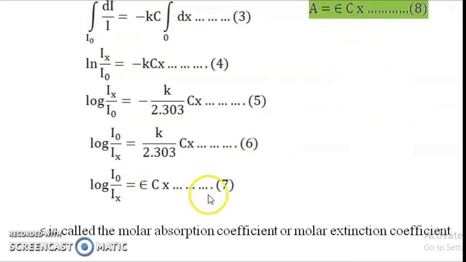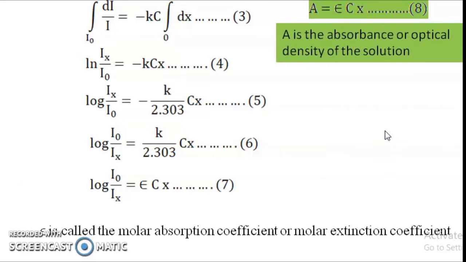Now this equation number 7 can be rewritten as A equal to epsilon Cx, where A is called the absorbance or optical density of the solution. A is nothing but log I0 by Ix. We have put A instead of log I0 by Ix.